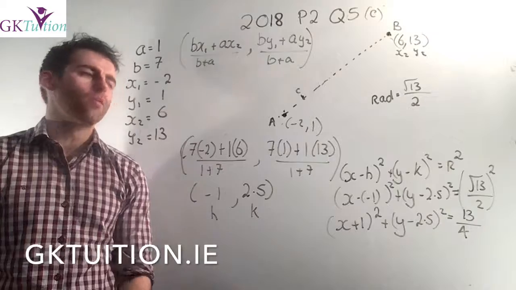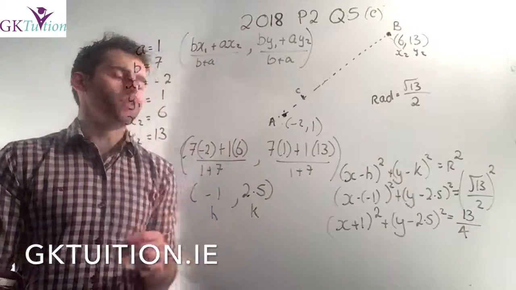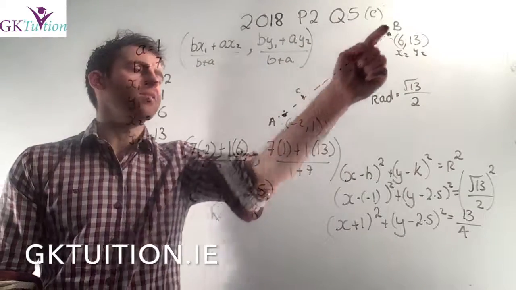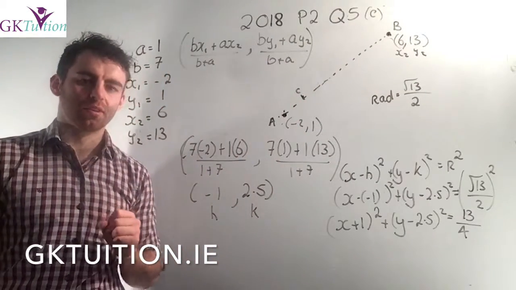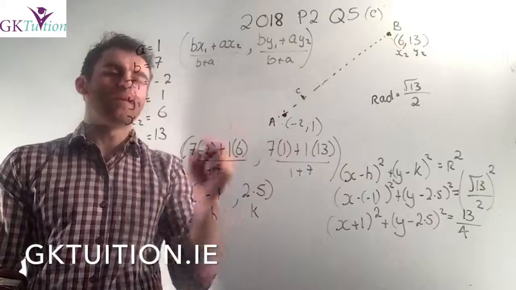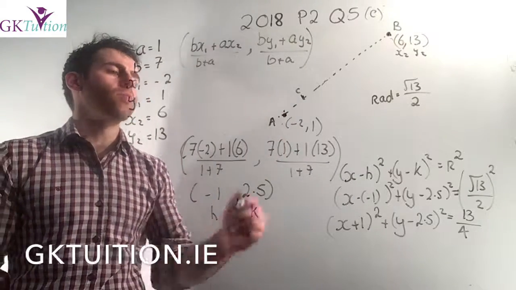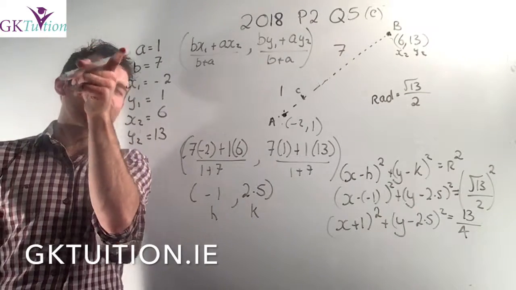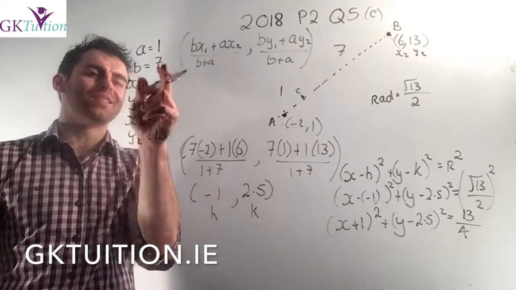Okay, so once we've worked out our radius is √13/2, and we've identified that 1/8 of the way from A to B will be the center of the circle S, which I've labeled as C, that means I'm dividing my line in a ratio of 1:7. In other words, my first ratio, A, is 1, and my second, B, is 7.